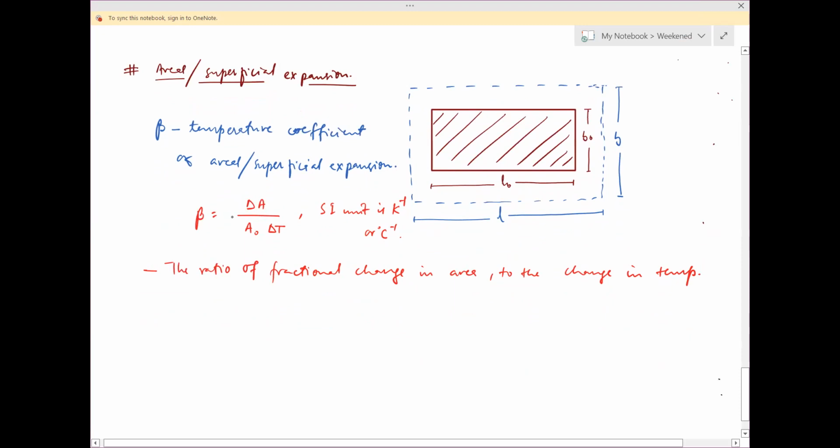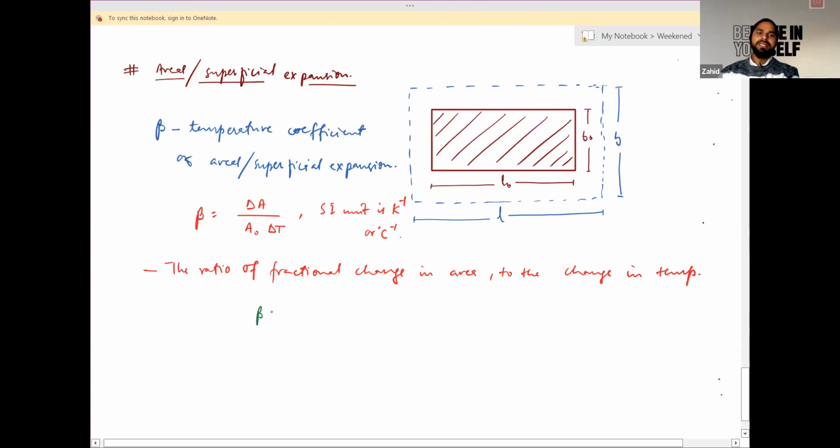So next, if you rearrange this equation, beta equals delta A divided by A naught times delta T. So delta A equals beta times A naught times delta T. We can write delta A as A minus A naught. Move this A naught to the right side.